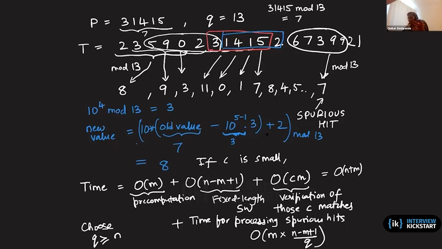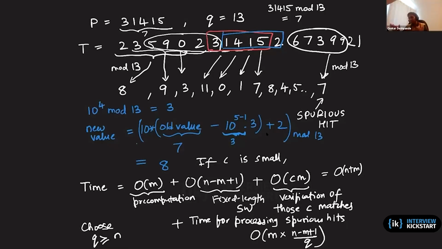People usually call it a rolling hash algorithm because essentially the numerical value you're computing, when you treat them as digits and take mod q, is basically a hash function applied on the string to yield a numerical value.